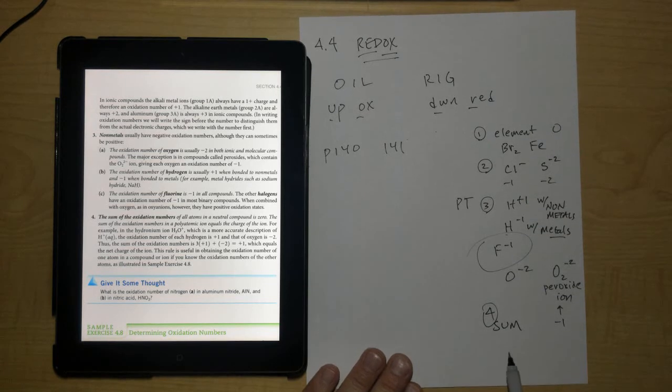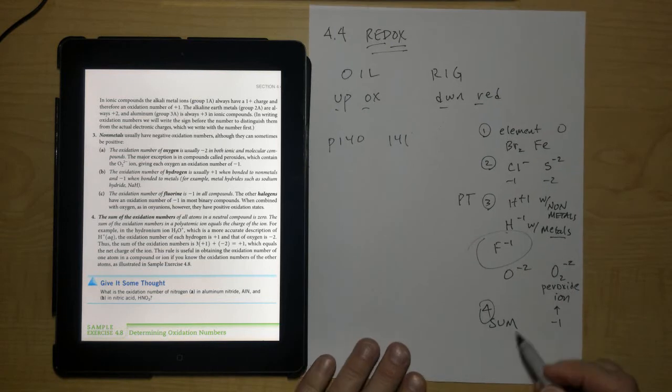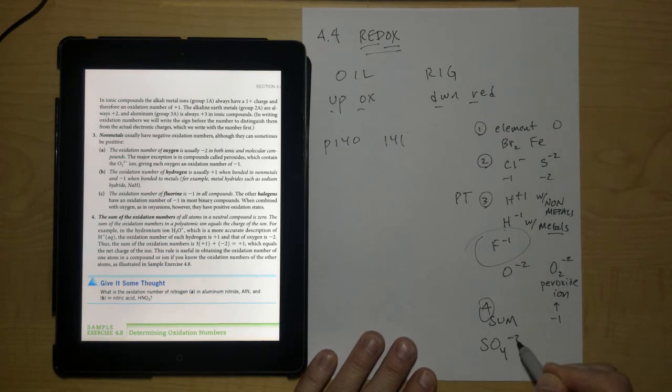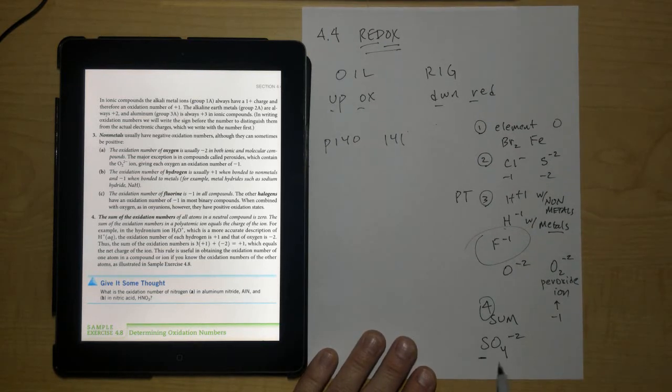Sum rule means that if you add up the oxidation numbers in a species, it always equals whatever that oxidation number's charge is in the upper right hand corner. So for example, SO4 minus 2, whatever sulfur's oxidation number is, plus whatever 4 oxygen's oxidation numbers are, has to add up to negative 2.